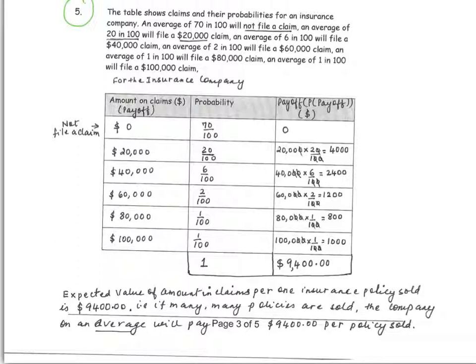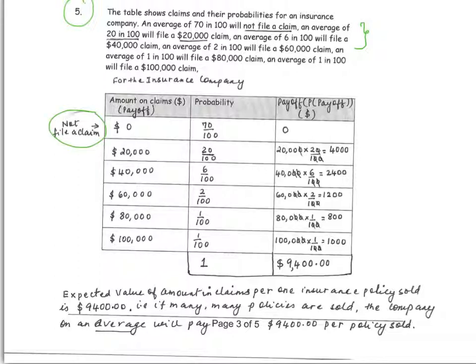We've got an insurance company that has some collected data from which they get these numbers. It's about a certain insurance, where an average of 70 in 100 will never file a claim.